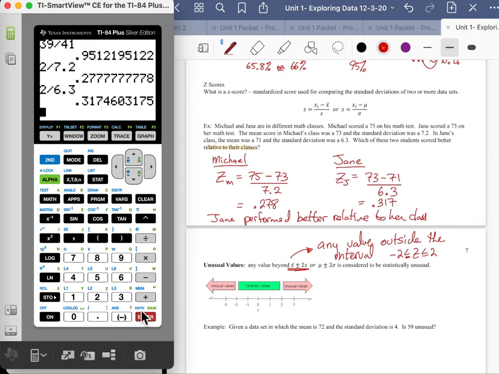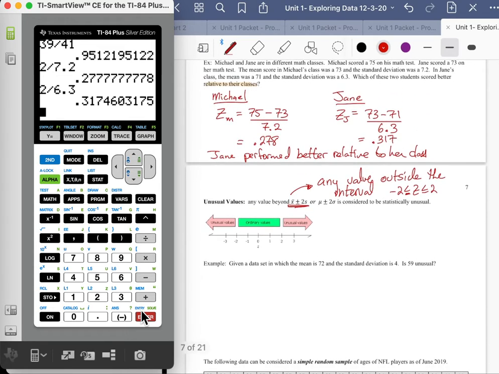So when they say given a data set where the mean is 72 and the standard deviation is 4, if we want to find whether 59 is unusual, what we would do is find the z-score for 59.